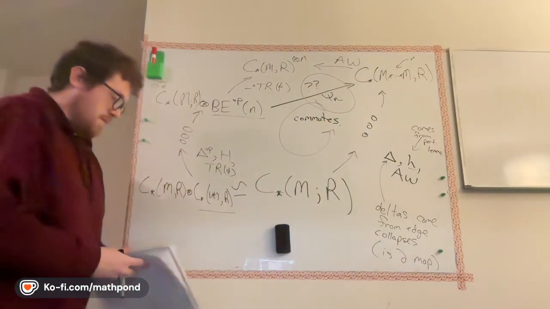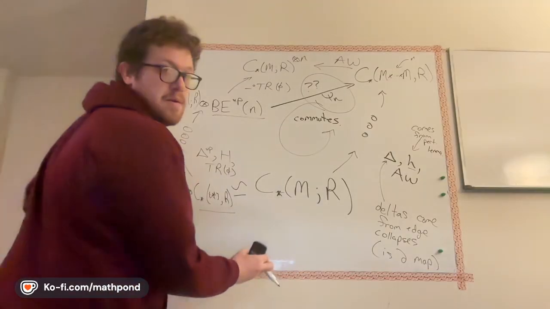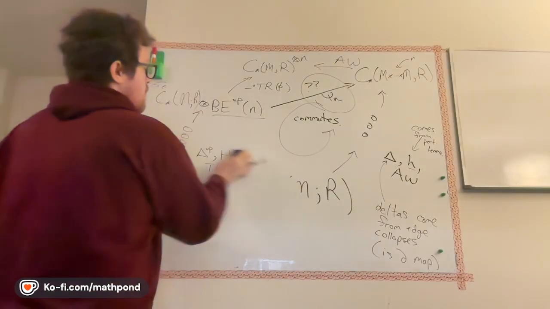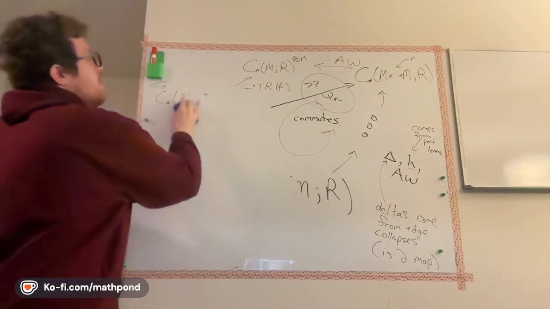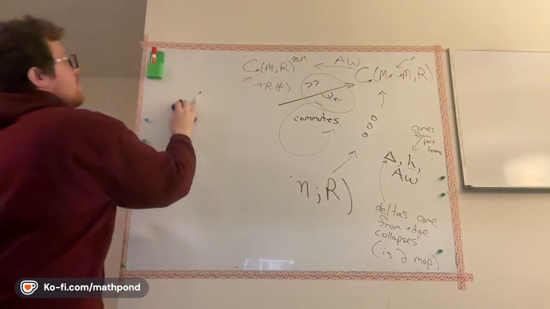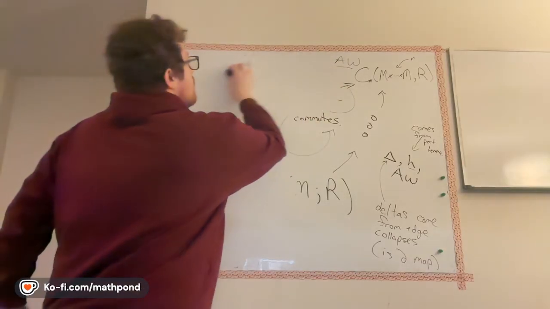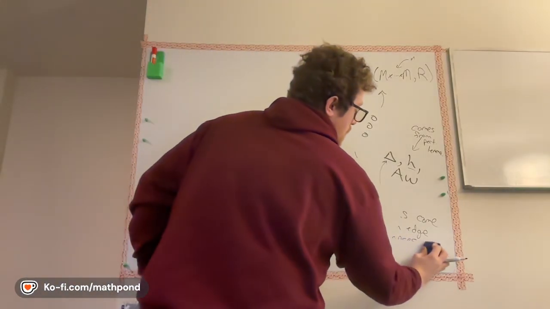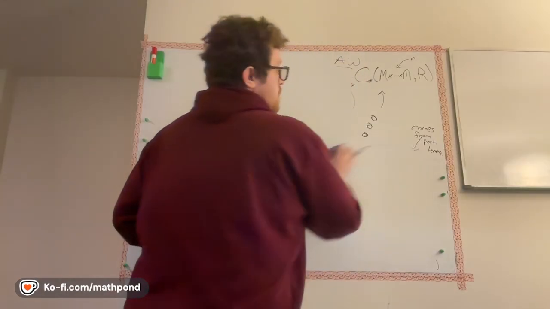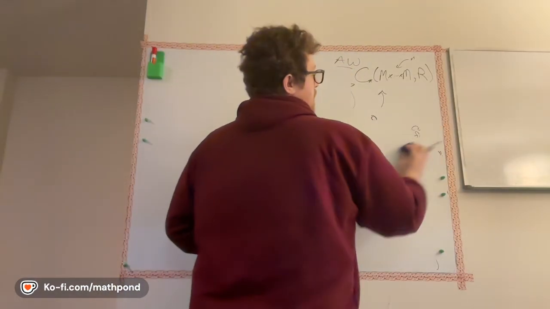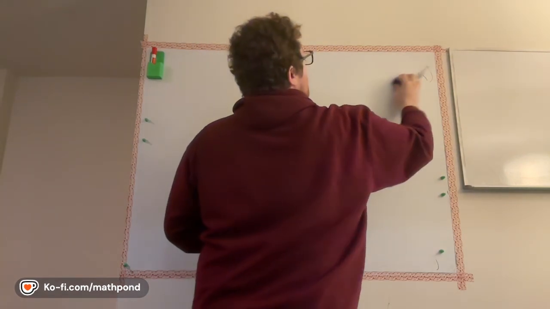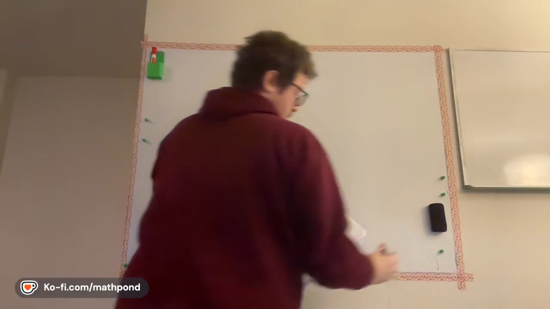So let me just write down that. If we did get that map, then the proof would be a two-step proof.